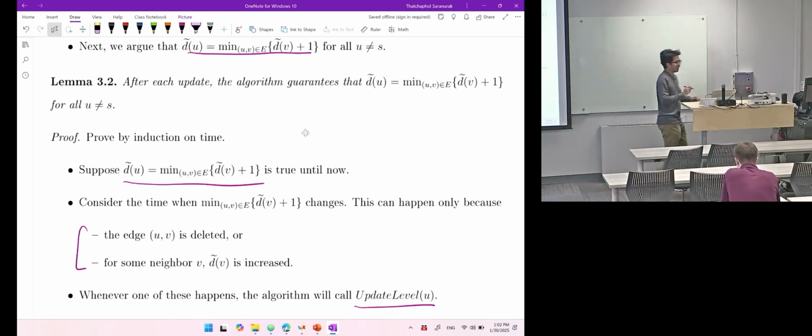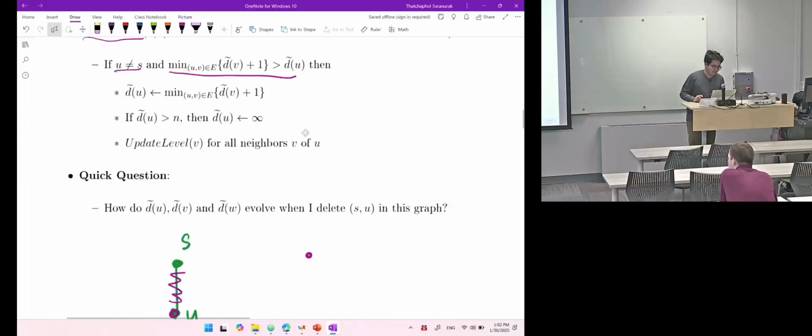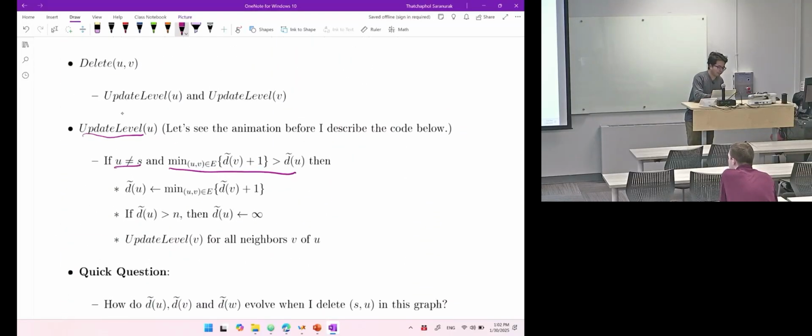So in the pseudocode, I still say that whenever we delete any edge, I'm still going to call update level at both endpoints. But when we delete an edge at the same level, this is going to be false. Gotcha. Okay. So you could just spend constant time to check that this is false, and you don't need to do anything. Yeah.